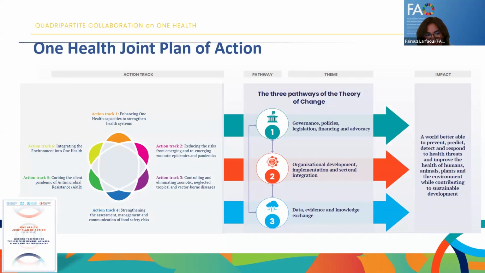And in this case, I want to highlight this One Health Joint Plan of Action. So this was developed by the 4 organizations with a huge technical team from the different organizations. Also, the countries, member states of the organizations, have contributed to this work and provided input.